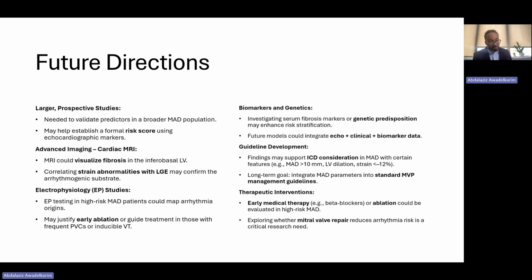This can even build the foundation, because in our study we were able to provide detailed data on different types of strain: global, longitudinal, segmental, and regional, which can form a foundation if we want to study this further going forward. We hope that we can help guide more prospective studies or even trials on ICD intervention in those patients. So it will be a huge help to the literature.